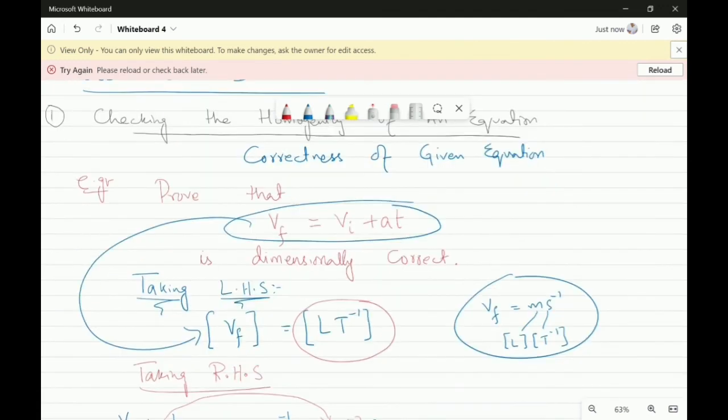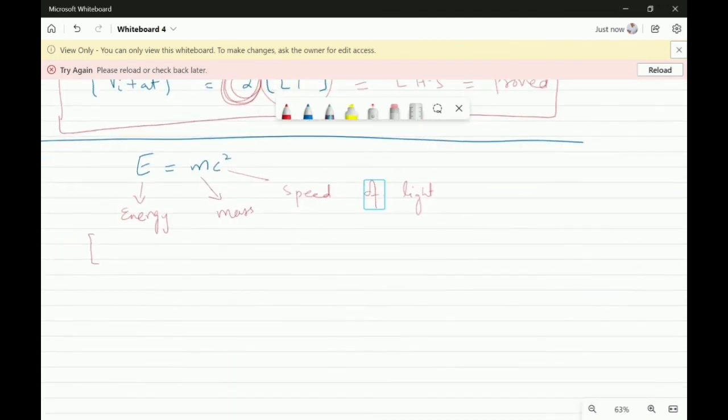So the dimensions of work are kilogram, capital M, meter square, capital L square, per second square, T minus 2, is equals to, for mass, capital M, for c, speed of light, LT minus 1 square.